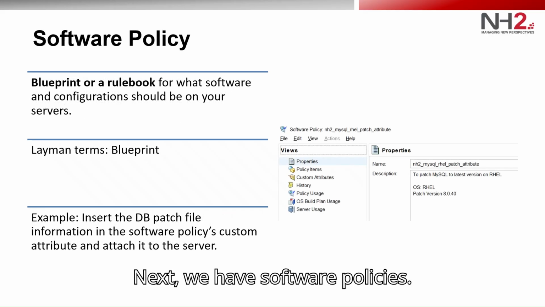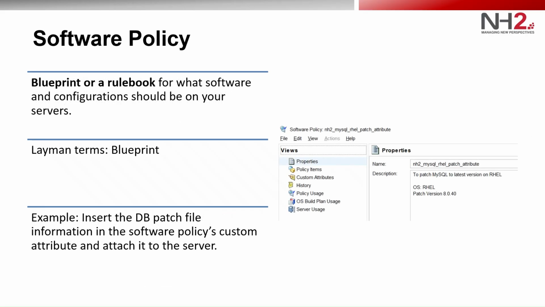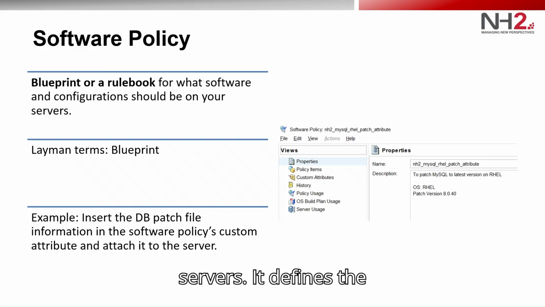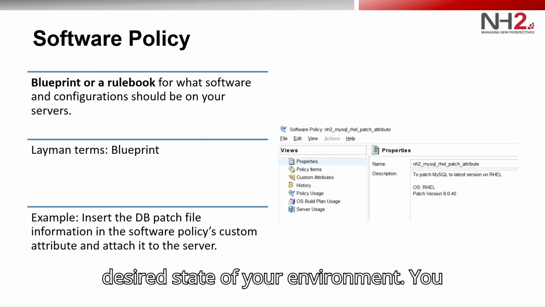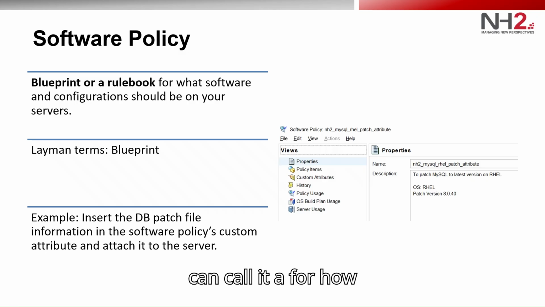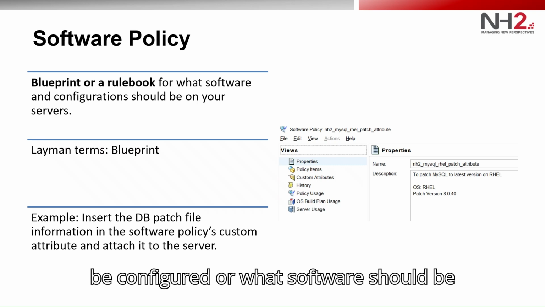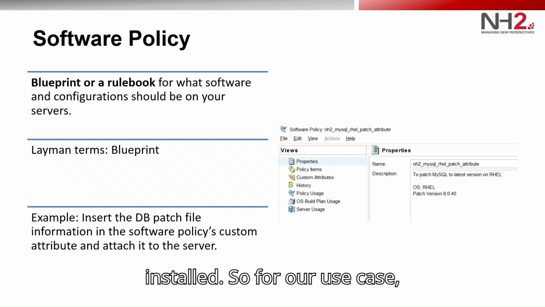Next, we have software policies. A software policy in SA is essentially a blueprint or a rulebook for what the software and the configs should be on your servers. It defines the desired state of your environment. You can call it a blueprint for how the server or a group of servers should be configured or what software should be installed.